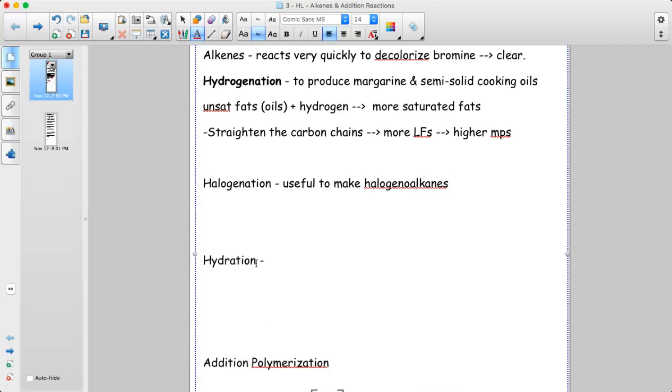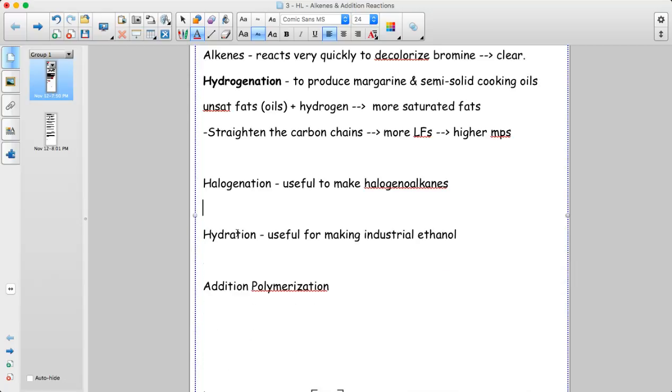Hydration is useful for making industrial ethanol and other alcohols. So we use yeast to make ethanol for drinking, but if you want to use 95% ethanol in the lab, they do that by taking ethene and they hydrate it to make it into ethanol.